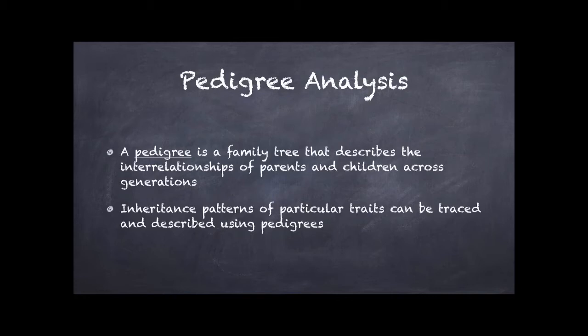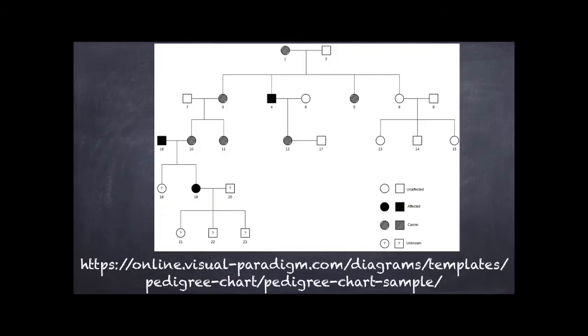A pedigree is basically a family tree, and it shows how the relationships of parents and children across generations can be seen clearly, and how certain traits get passed down. You can see who's the carrier and who has the actual trait, whether it's a disease, or even blue eyes or being albino. And you can trace these down using a pedigree.